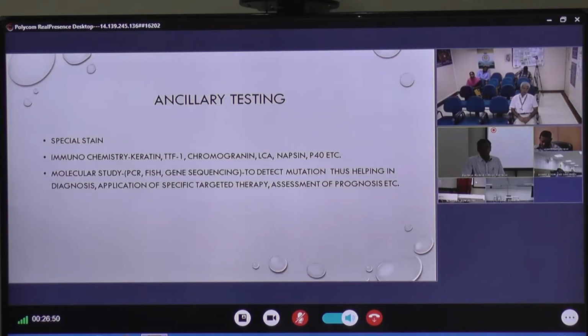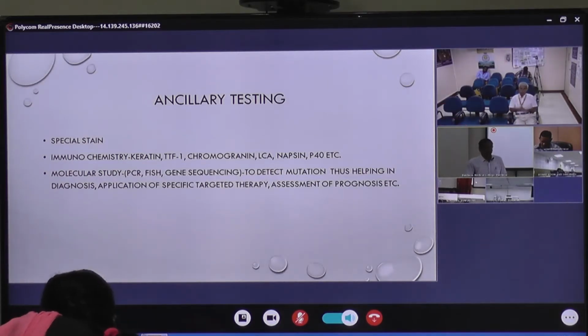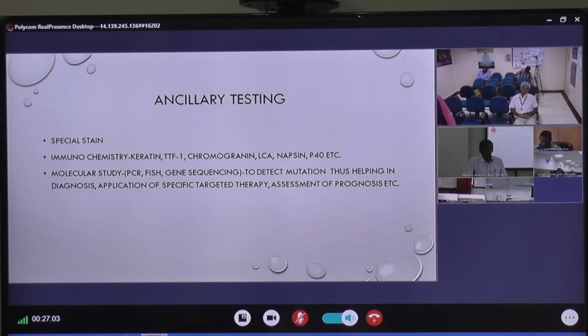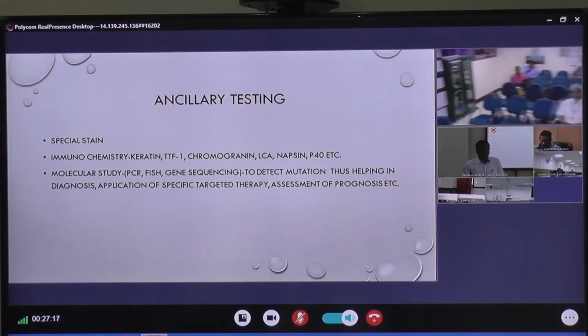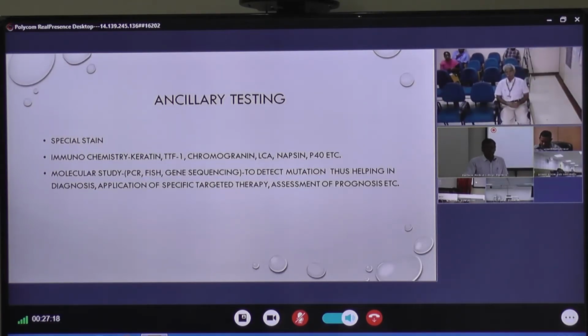This immunochemistry was tried initially on cytology smears, but the technical difficulty and excessive background staining interfering with the result became disappointing. However, liquid-based cytology has some advantageous position regarding the avoidance of background staining.